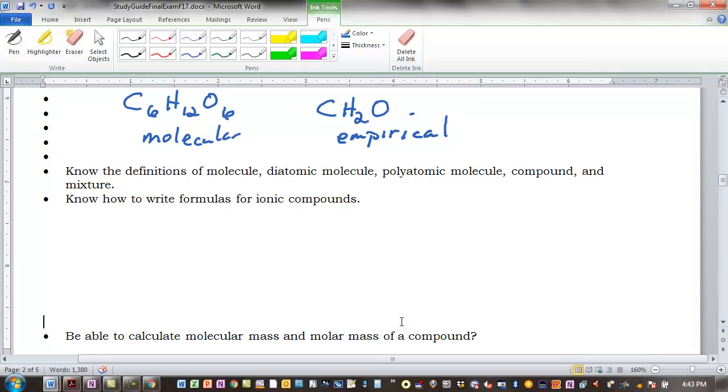Let's do a couple: sodium with nitrogen, and aluminum with oxygen. We want to write the correct formula for those ionic compounds.